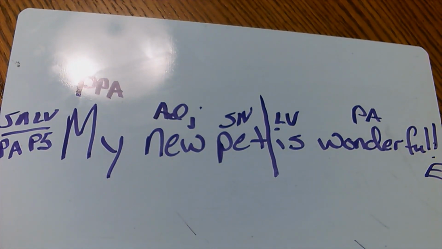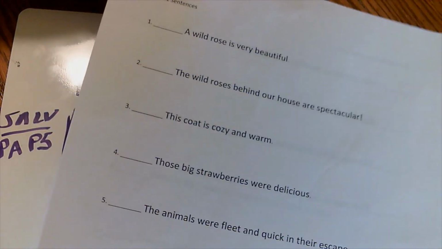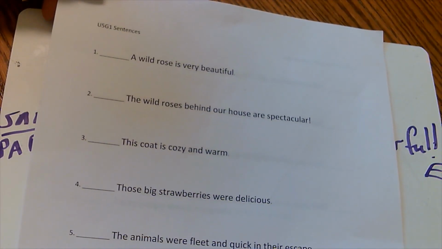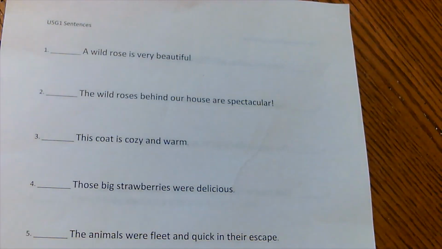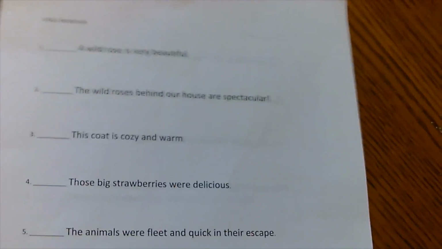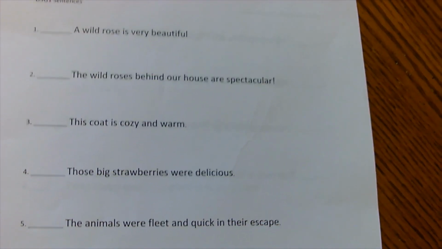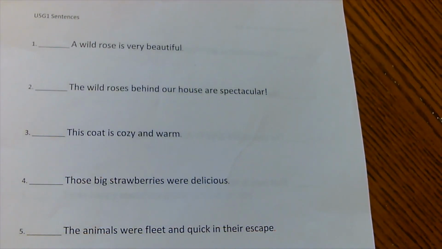Okay, so we're going to run through some examples. Get out your U5G1 sentences, and we're going to run through some of these. Okay, so our first sentence, a wild rose is very beautiful.